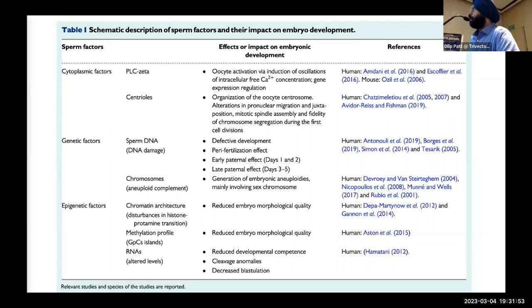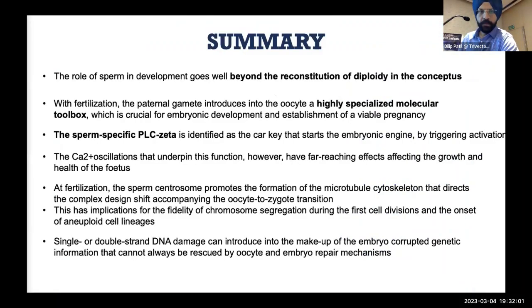Amongst the epigenetic factors, we have chromatin architecture, methylation profile, and RNAs, and they are all associated with reduced embryo morphological quality. If I have to summarize, I would say that the role of sperm goes well beyond the reconstitution of diploidy in the conceptus, and it introduces a very specialized molecular toolbox inside the oocyte, which takes care of further cell divisions and embryonic development and competence.